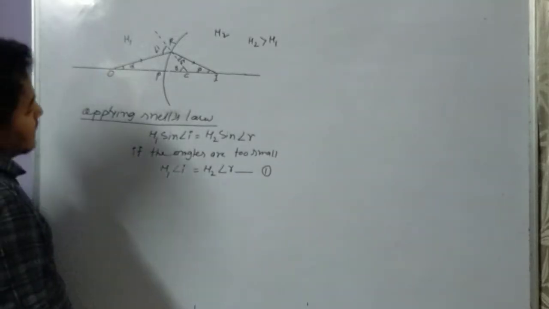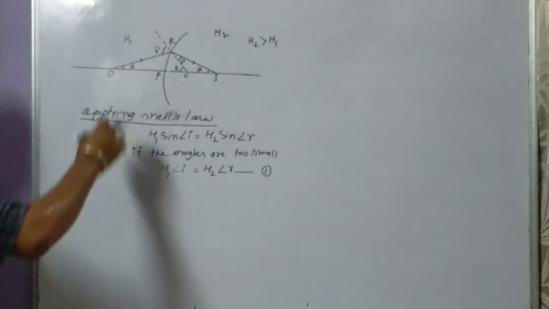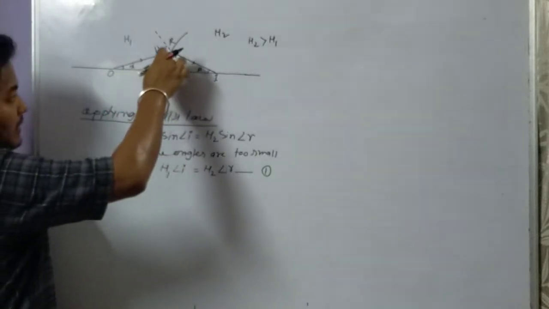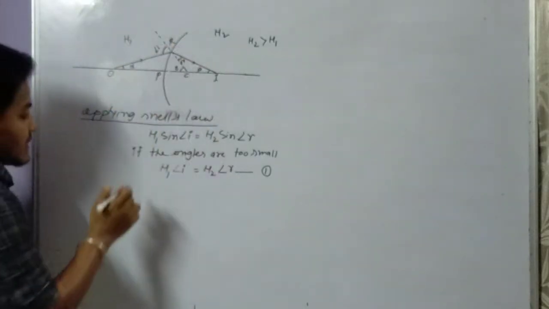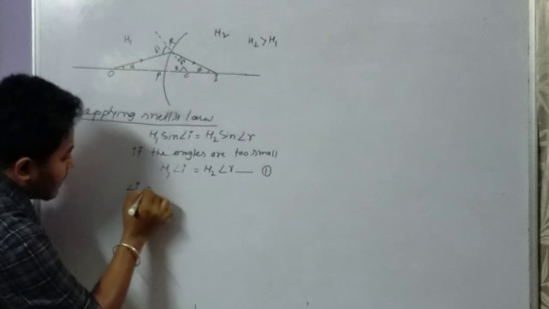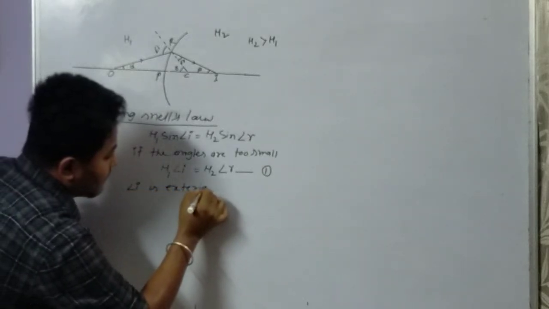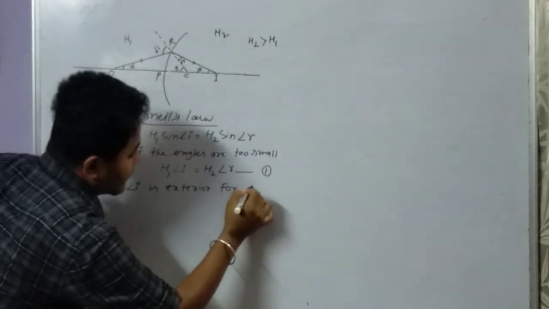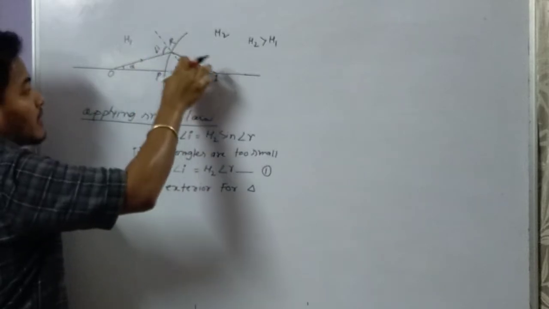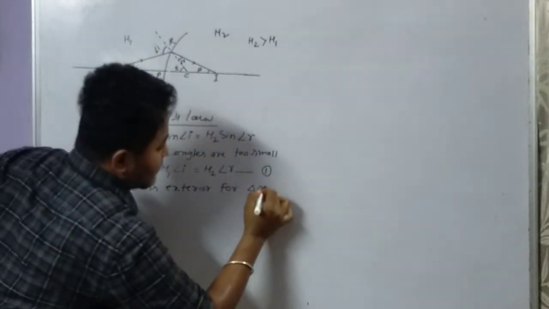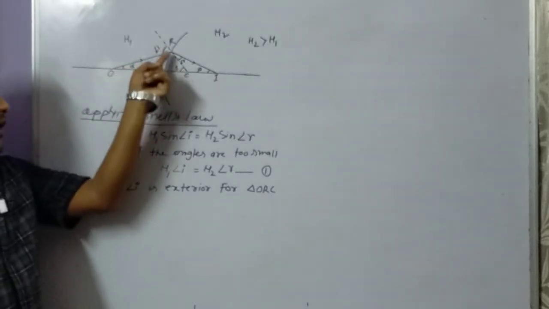Again, one more thing you can find: I have considered this alpha angle, this gamma angle, this beta angle. As you can see, this angle I is exterior for triangle ORC.